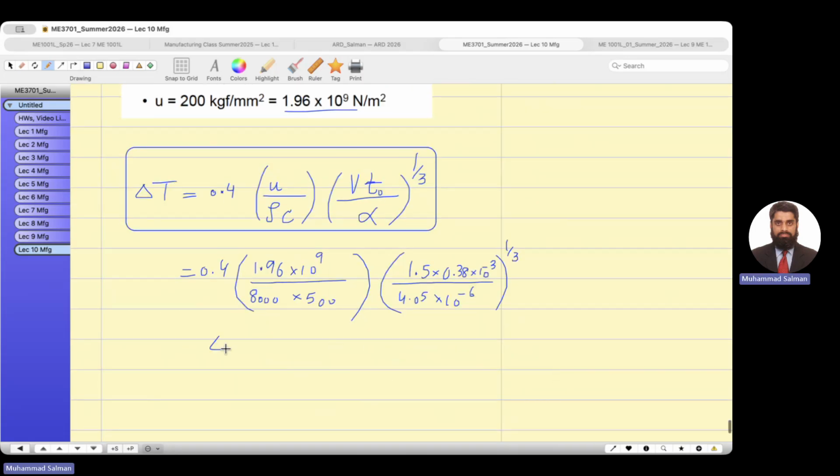If you do the math, you should get a temperature rise at the chip tool interface of 1020 Kelvins. At the room temperature, the ambient temperature, I will say the total temperature will be 20 Celsius.